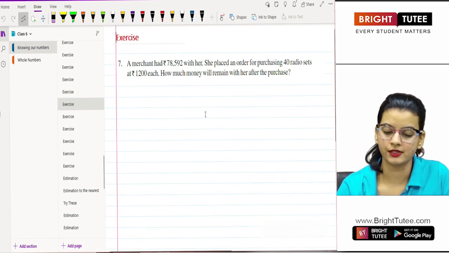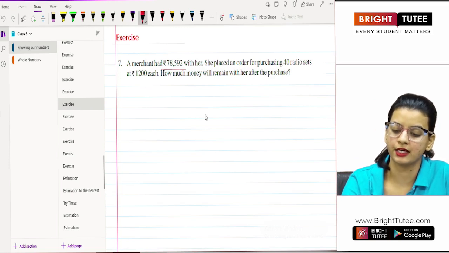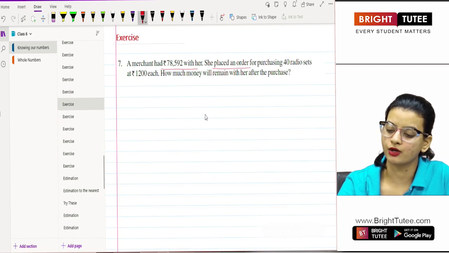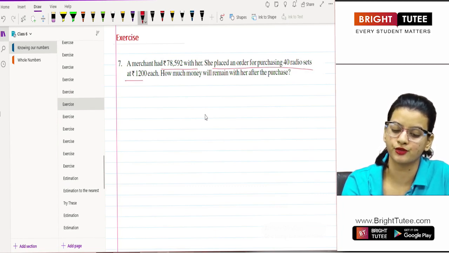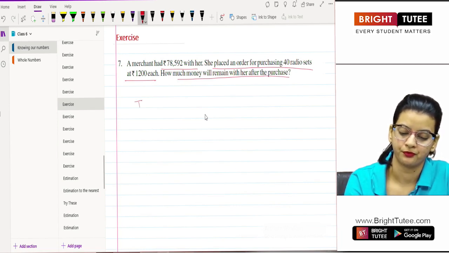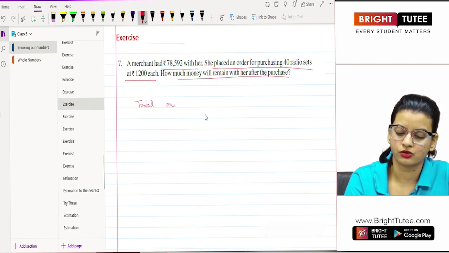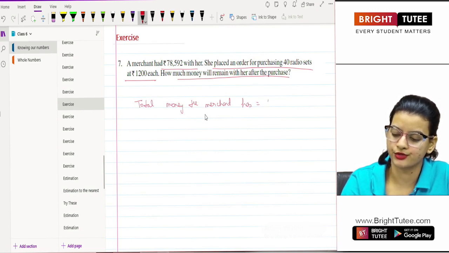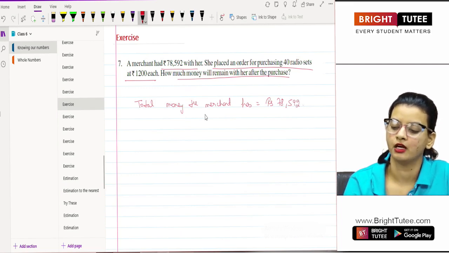Now the next question is, a merchant had 78,592 rupees with her. She placed an order for purchasing 40 radio sets at rupees 1,200 each. How much money will remain with her after the purchase? So the total money the merchant has is equal to rupees 78,592.